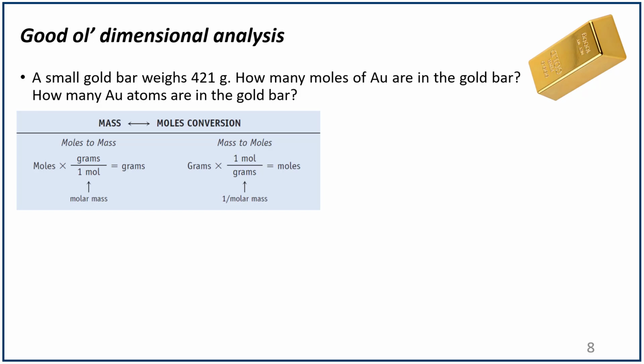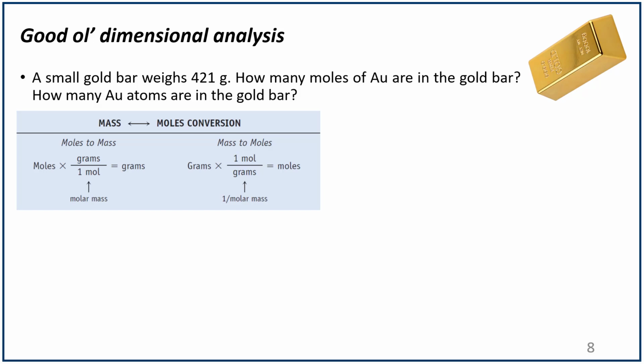Using the atomic or molar masses provided in the periodic table, we can convert those values into moles. And mole values, you can convert into atoms for elements or molecules for compounds and so forth. But let's look at elements first.